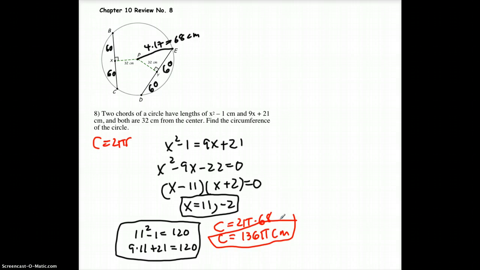The negative 2, if you try that, you'll get negative 2 squared minus 1, which is 3. And if you try negative 2 in this one, you get 9 times negative 2 plus 21, which is negative 18 and 21, which is also 3.